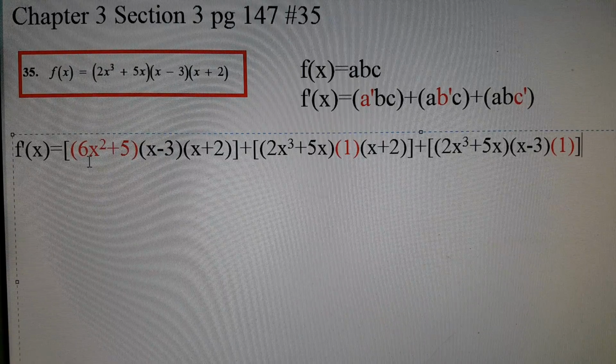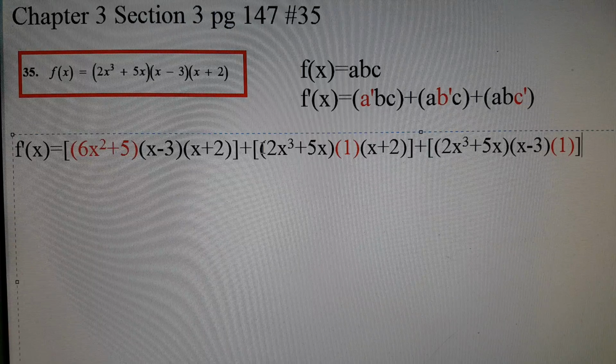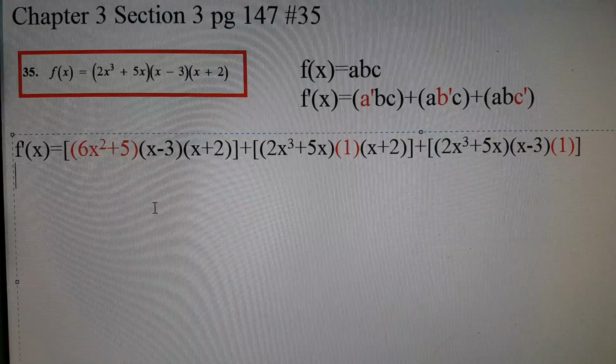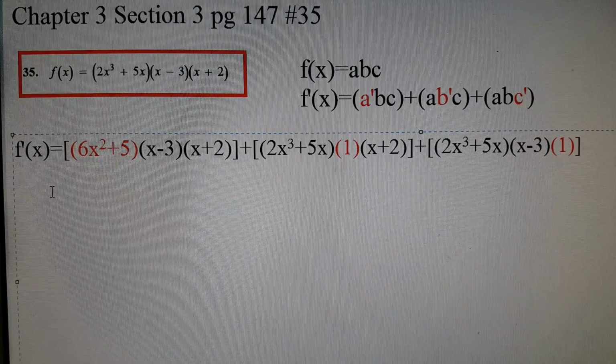Now, our next step is to multiply all these together, get rid of all these pesky parentheses, which will make it easier to combine like terms.